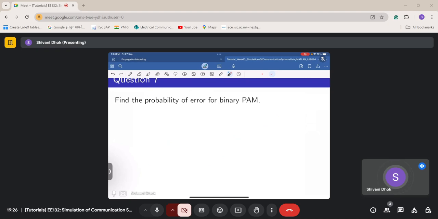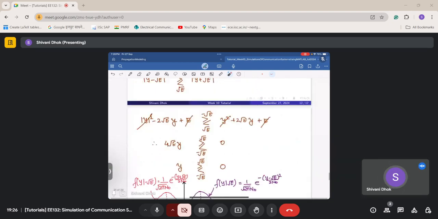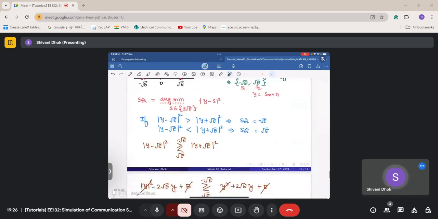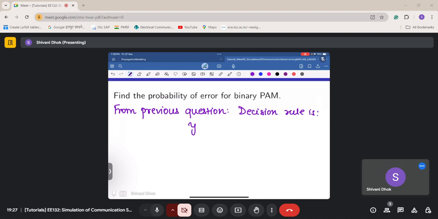Now it says, find the probability of error for binary PAM. What we know about binary PAM from the previous question is the decision rule. It is: if y is greater than 0, then decide in favor of root e.